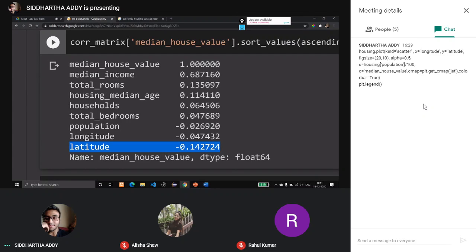That's all, right? And look here, total bedrooms and total households. If you look at these values, you can see it is almost close to zero, not exactly zero, but almost close to zero. So we can say that these two points are almost uncorrelated.